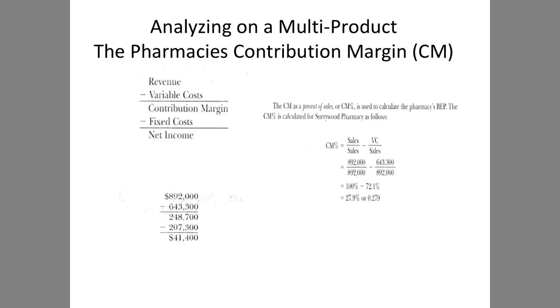Minus the fixed costs, you get the net income of $41,400. If you subtract the percentage of variable costs to sales from the percentage of sales, you'll get your contribution margin, which in this case is 0.279.